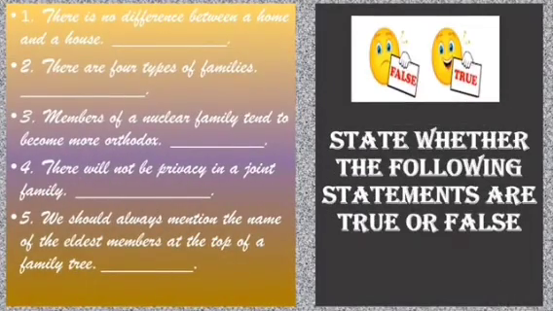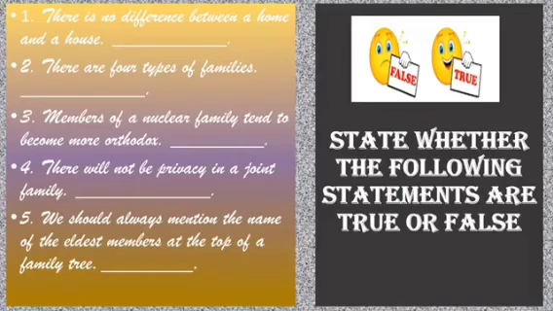There are a few statements given here. Read them properly and state whether they are true or false. First, there is no difference between a home and a house. Second, there are 4 types of families.